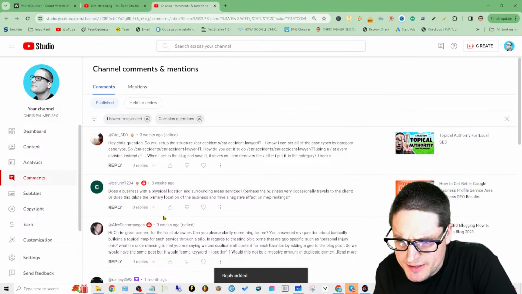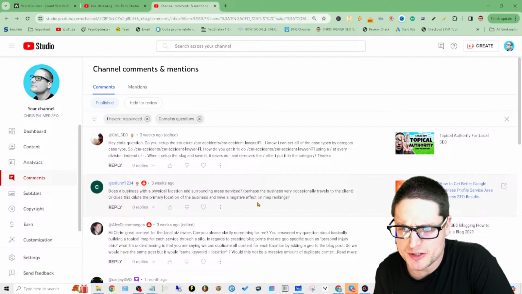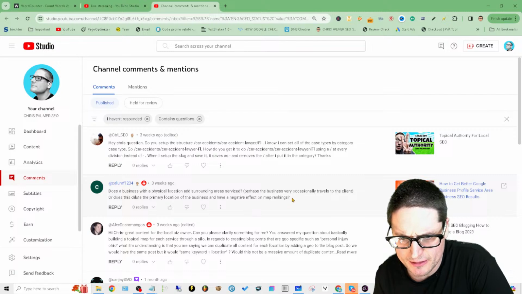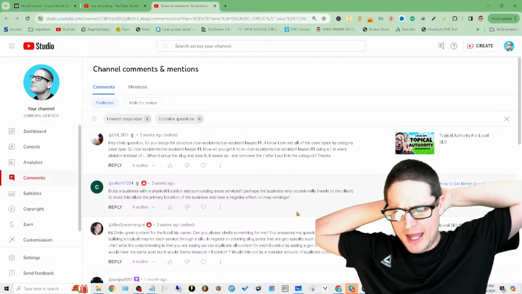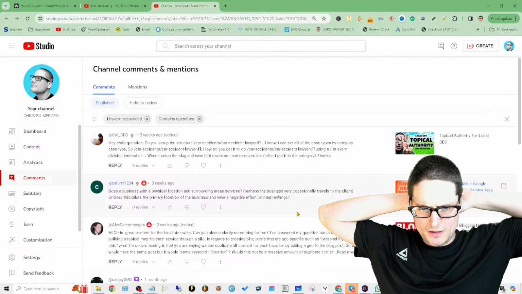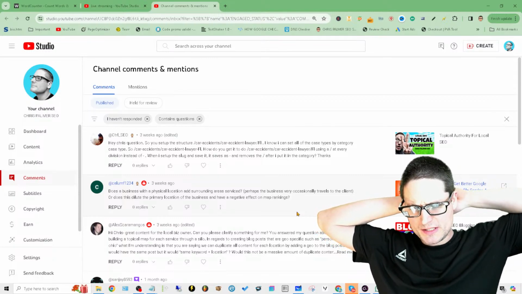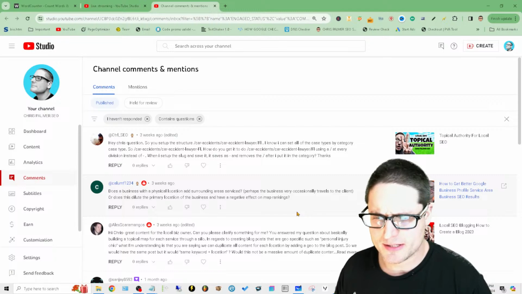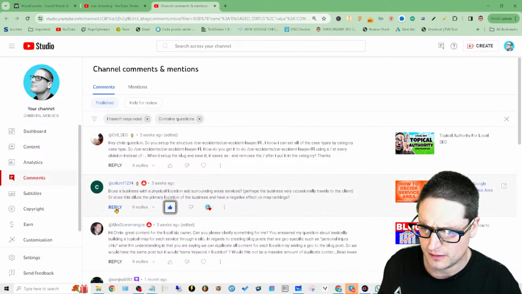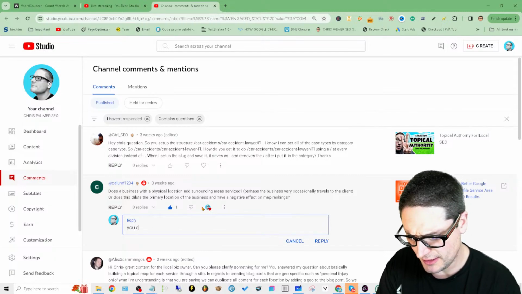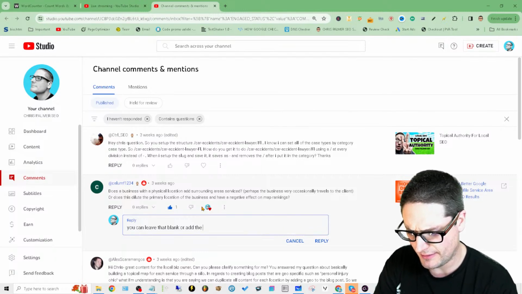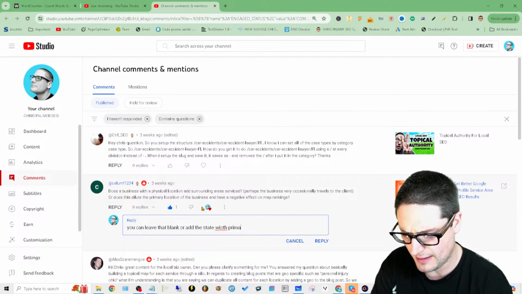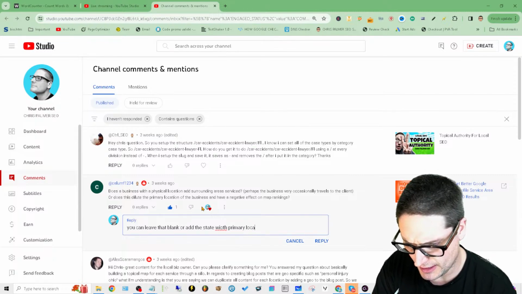Okay, here we go. Does a business with a physical location and surrounding area service, or does it dilute the primary location of the business and have a negative effect on map? You can leave that blank, or add the state with primary location.